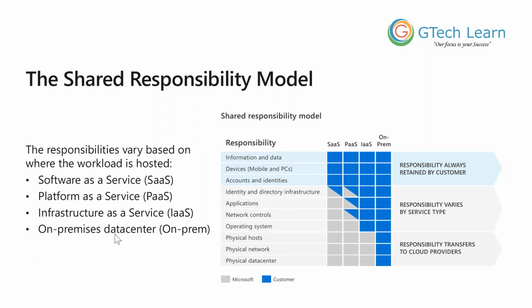When an organization moves data to the cloud, some responsibilities transfer to the cloud provider and some transfer to the customer's organization. This diagram illustrates the area of responsibility between the customer and the cloud provider according to where data is held.